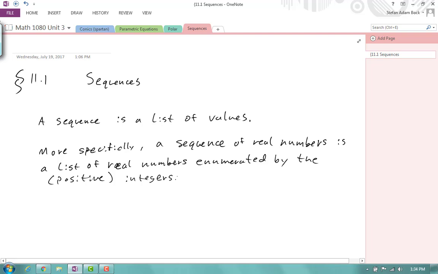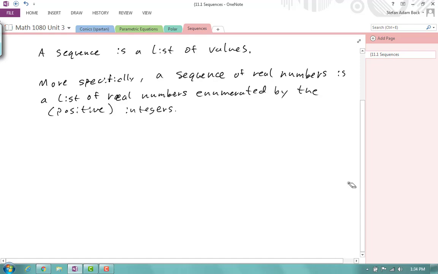And this could be anything, really. One of the best ones to start talking about is, let's suppose a sequence a sub n is equal to 3, 1, 4, 1. Let me know when you recognize the sequence.